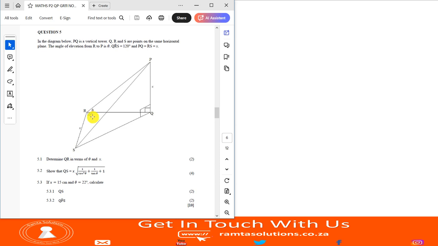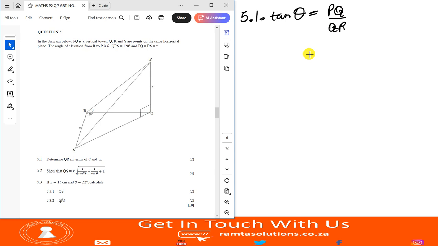Where's QR? Okay, here is QR. So in terms of theta and X, this is angle theta. We're looking at this side. What is this side to angle theta? It is adjacent. What is this side? It is opposite. So we must use tangent, and this is 2 marks. This is tan theta equals PQ, because it's opposite, over QR.